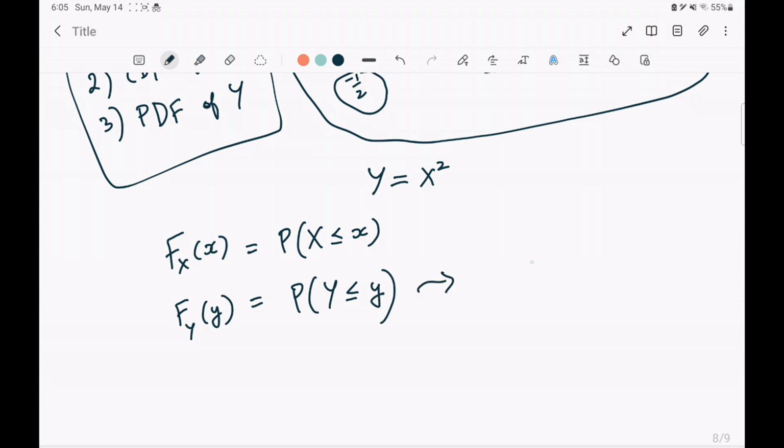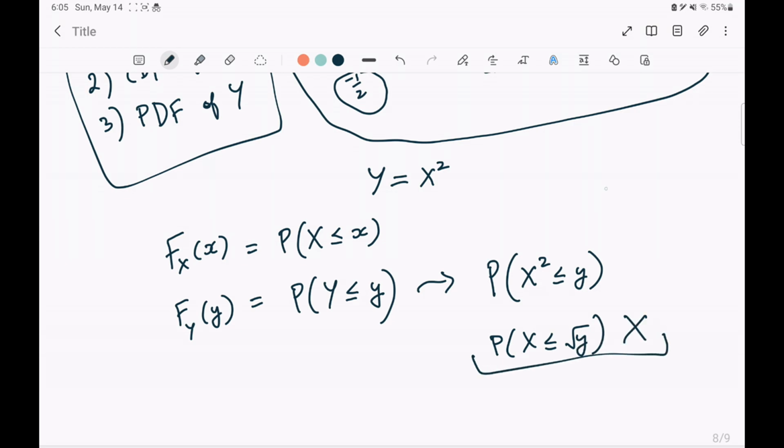You can write it as the probability of x square less than or equal to small y. But just like in our previous example, where we used to take the inverse of this function, we cannot do it in this case because the function is not invertible. So this would be wrong.